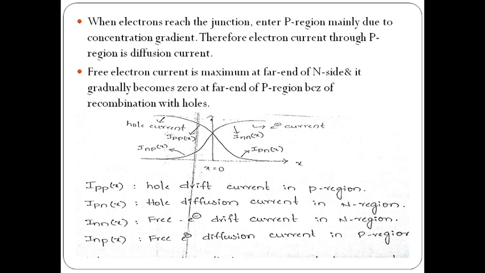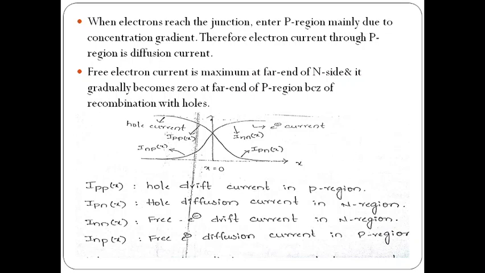It is the current due to holes; the first p indicates the type of charge carrier and the second p indicates the type of region or material. So I_pp(x) is the hole drift current in the p region, varying with distance x. Holes entering the n region at x equals 0 are represented as I_pn(x). It is exponentially decreasing.